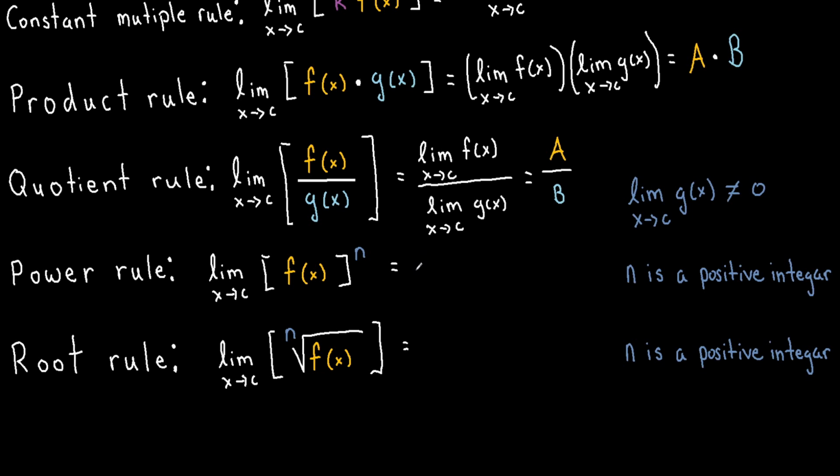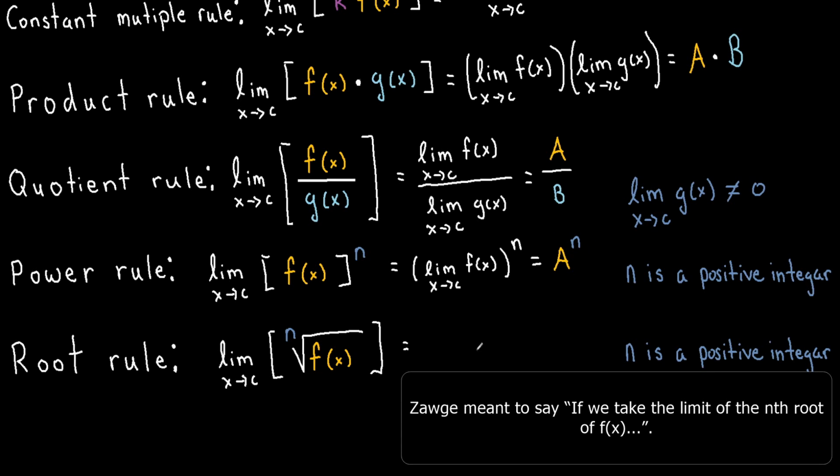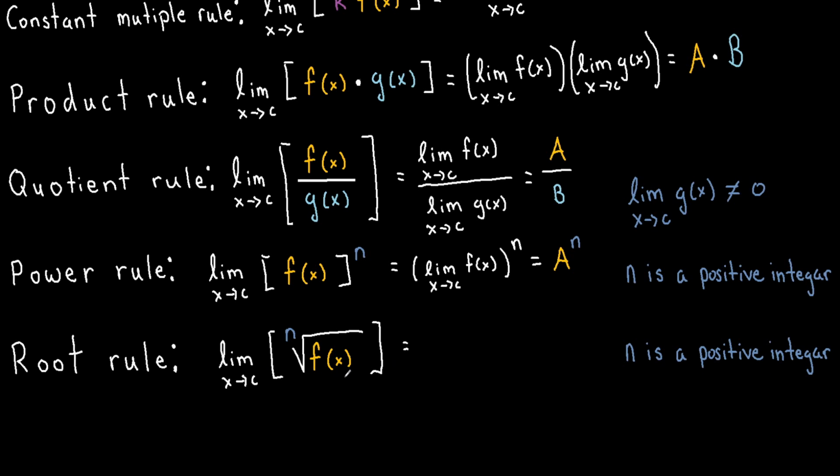Well, that's the same thing as writing the limit of f of x as x approaches c all to the power of n. And that's going to equal a to the power of n. And lastly, if we had the nth root, where n again is a positive integer, of f of x as x approaches c, this is going to equal the nth root of a.